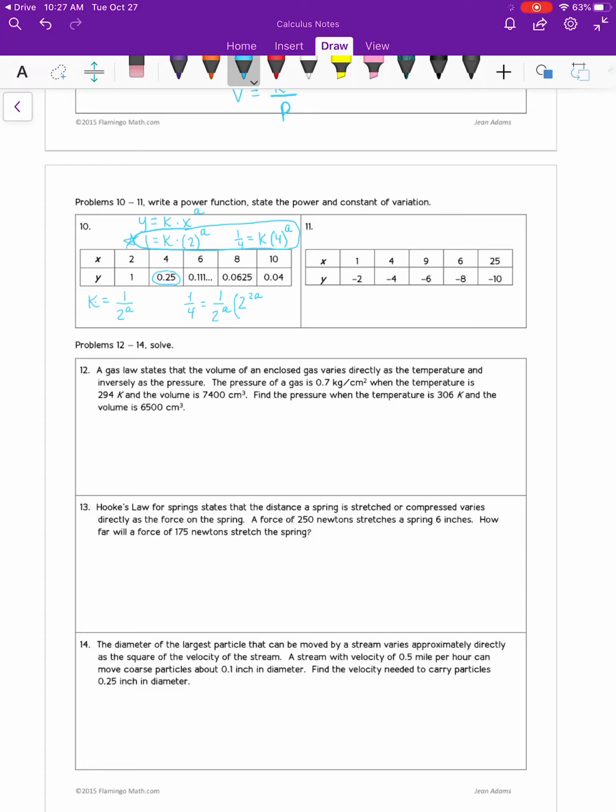So this is 2 squared to the a, but you're still going to multiply 2 times a in the exponent, so it's going to be 2 to the 2a. Then I can say that 1/4 is equal to 1, and I'm going to bring this 2 to the a up. So I've got times 2 to the 2a times 2 to the negative a.